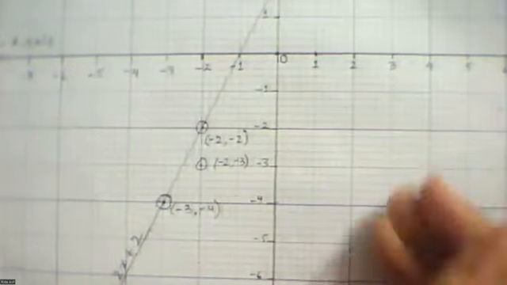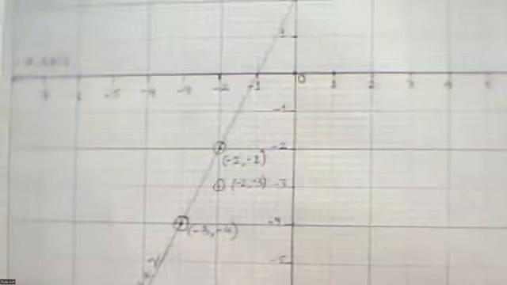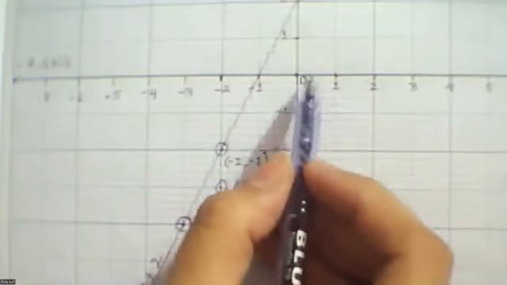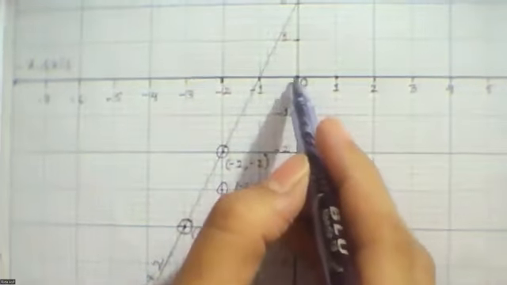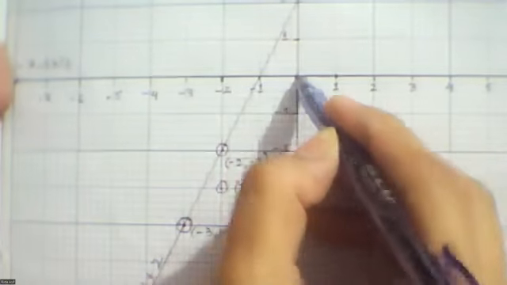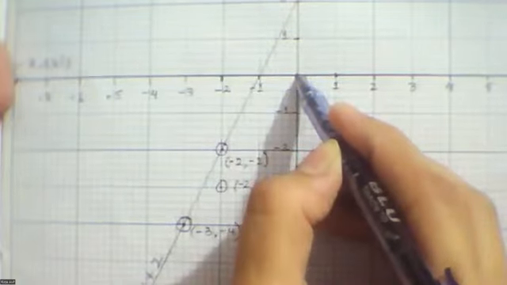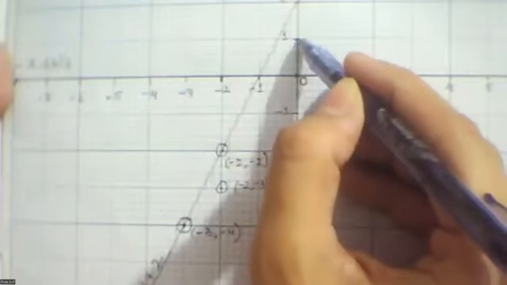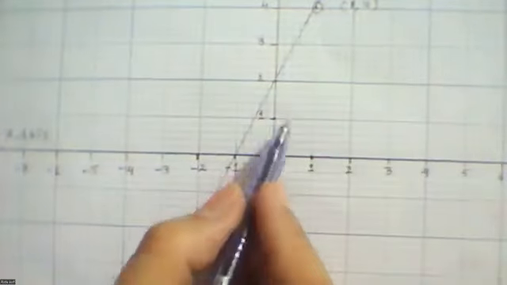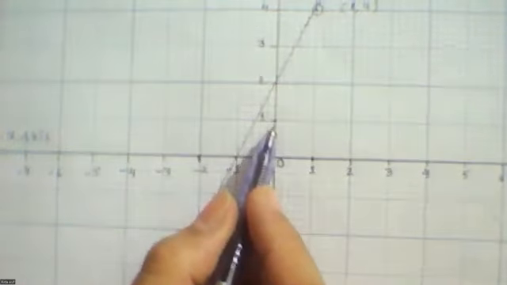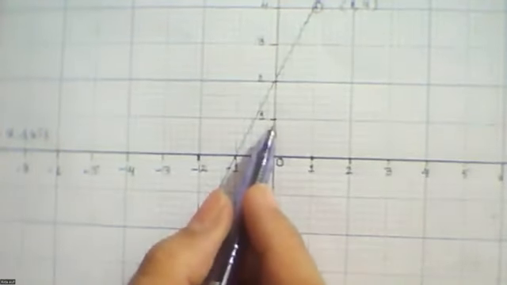In the same way, student, if I have to plot 0, 1, that means where is x is 0? X is 0 over here, right? And the value of y is 1. The value of y is 1 is over there. So on this whole y-axis, the value of x is 0, right?